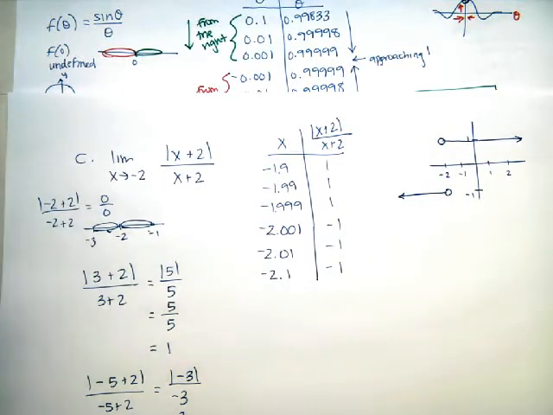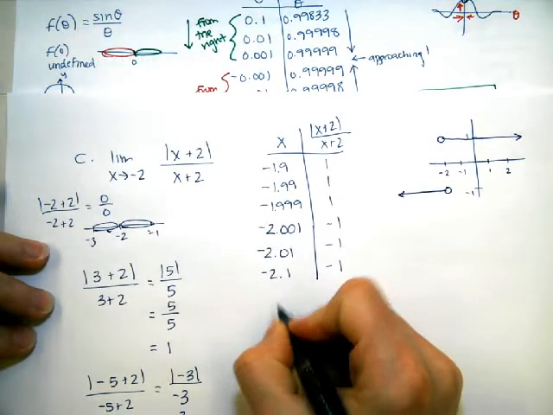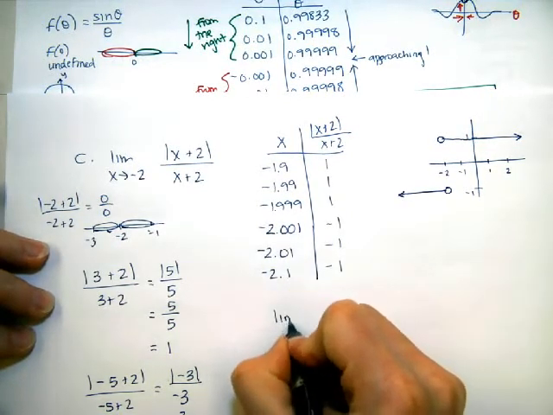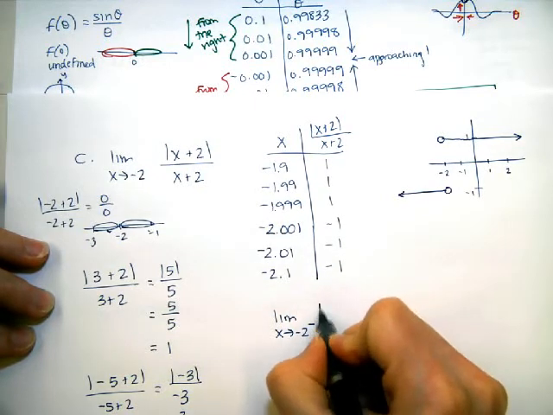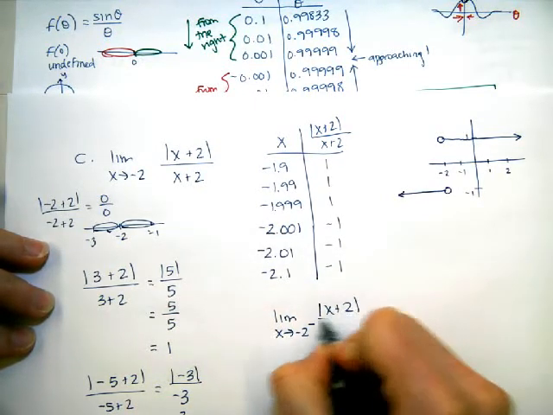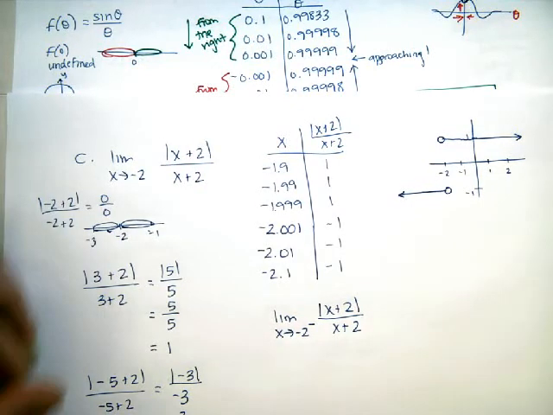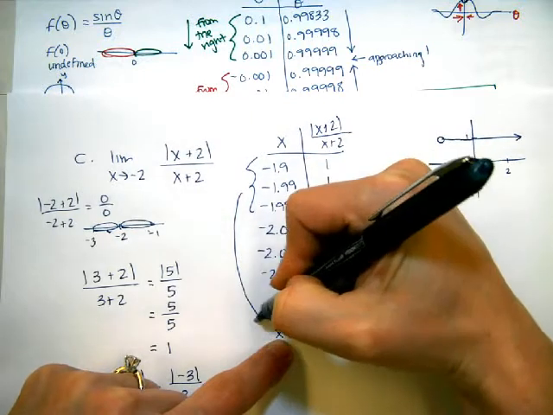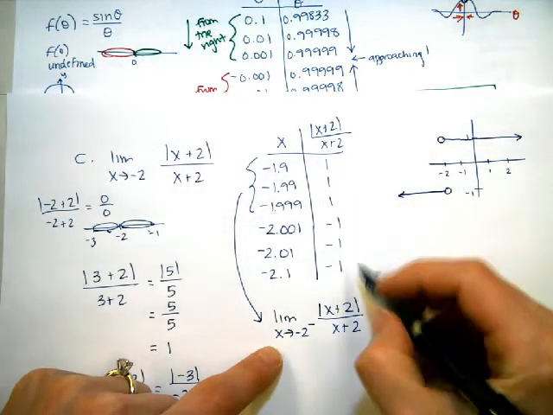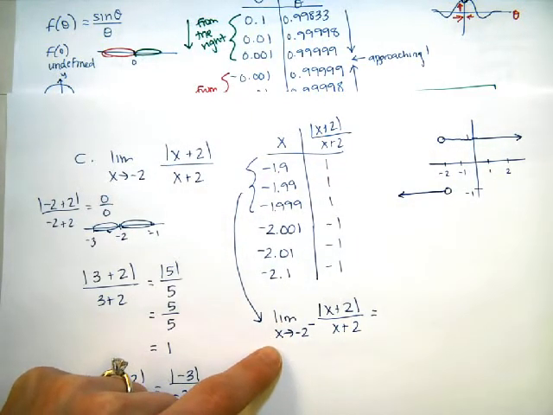So it seems like what's happening is that the limit as x approaches negative 2, if I approach from the left, this is where those one-sided limits are important. From the left, that's this part, right? So I approach from the left, what is this limit approaching? One, right?